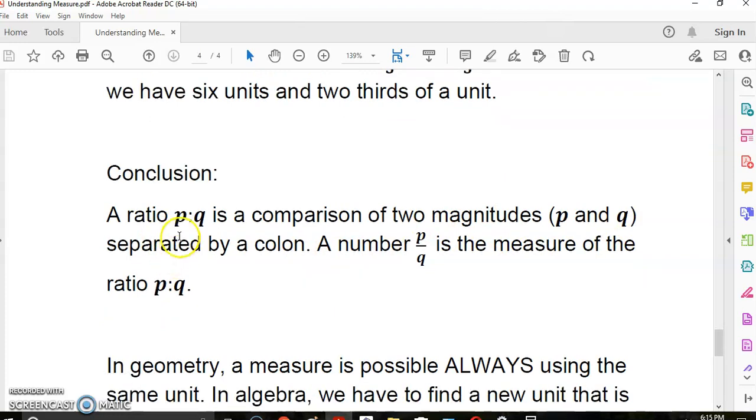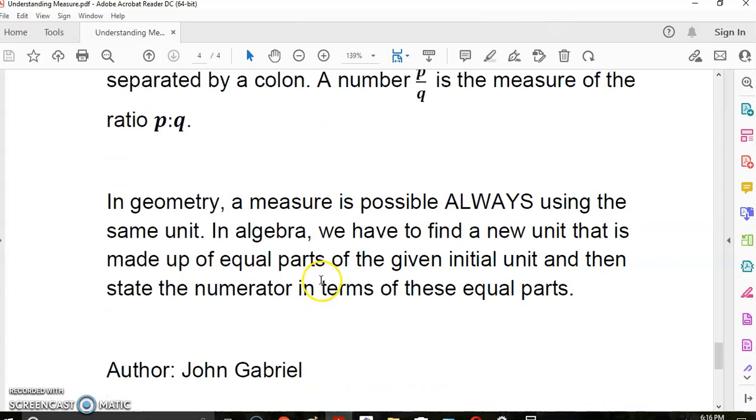So to conclude, a ratio P to Q is a comparison of two magnitudes, P and Q, separated by a colon. And a number P over Q is the measure of this ratio. So in geometry, a measure is possible always using the same unit. In algebra, we have to find a new unit that is made up of equal parts of the given initial unit we started using, as I've shown you throughout this video.